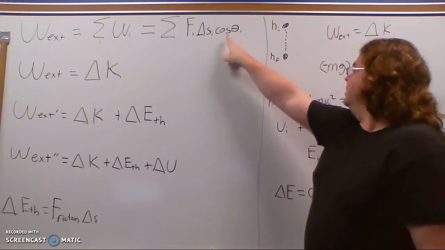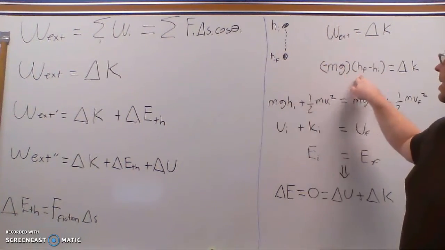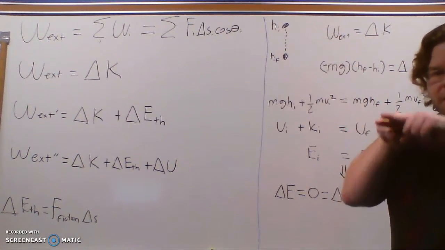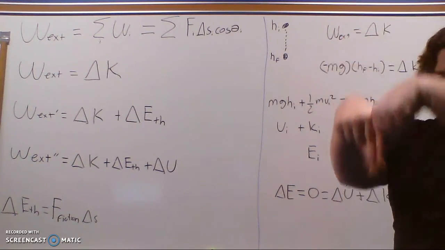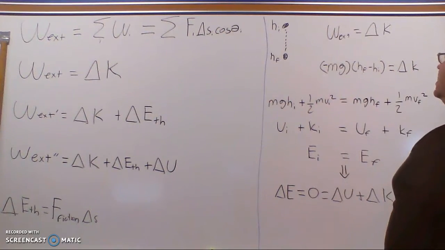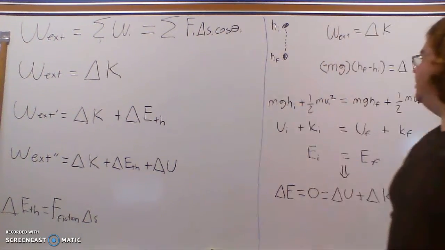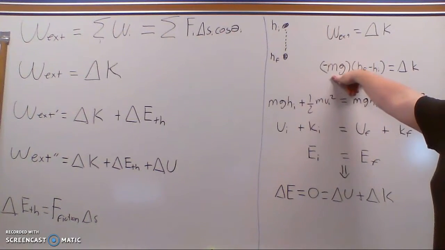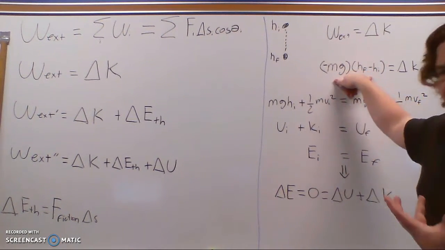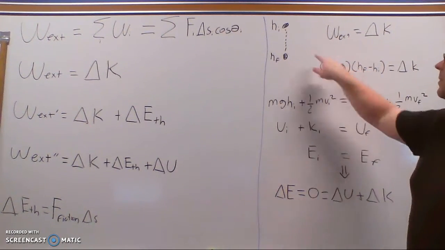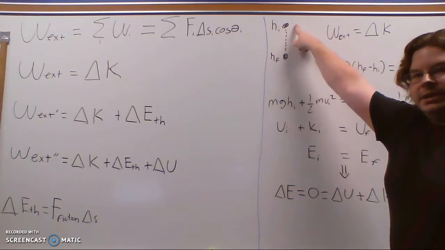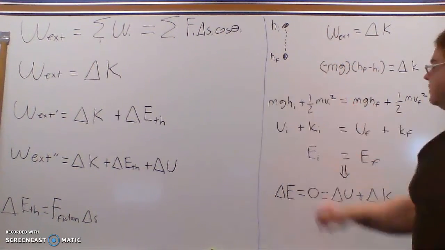The direction of the force and the direction of the actual motion are the same, both pointing down. So that means this would be cosine of 0, so this term would be equal to 1. So this whole side here is now accounted for. This would be the amount of work that is done in moving this particle from here to here.